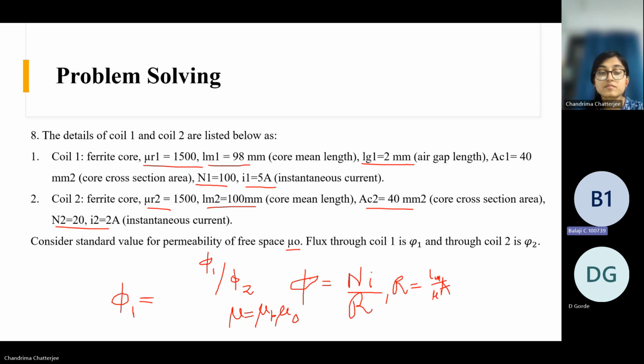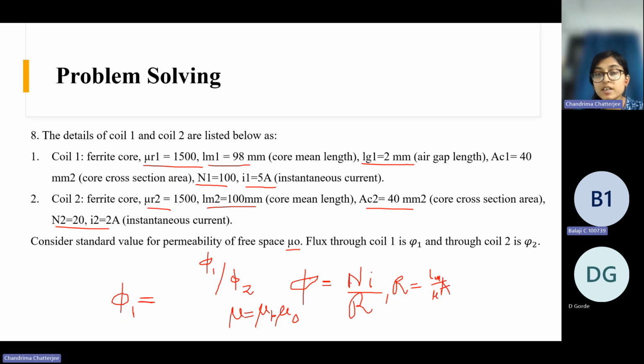The reluctance value, 13 mega, is coming. Okay, you just tell me phi 1 value.